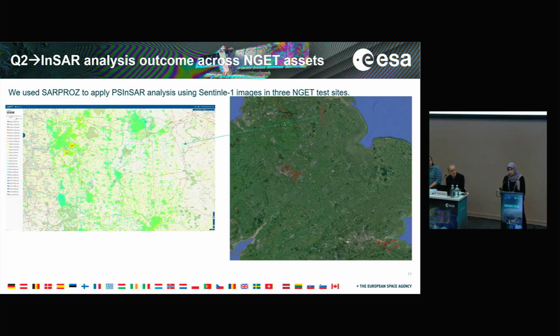And in order to answer question 2, we did a PS analysis using SARPeR and Sentinel-1 images in 3 different NGT test sites, which include lines of towers and also substations. You can see here on the left-hand side, as an example, the velocity map result of one of the sites.